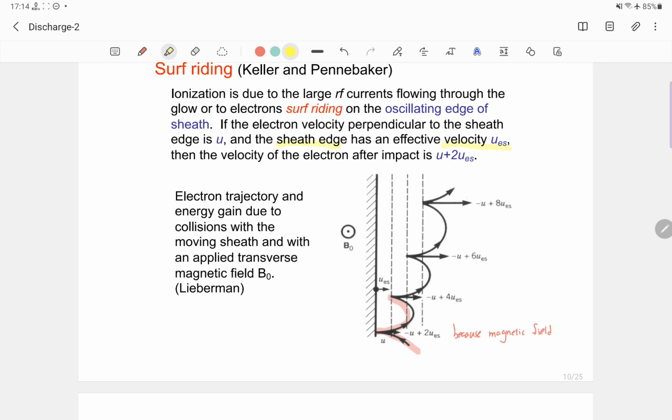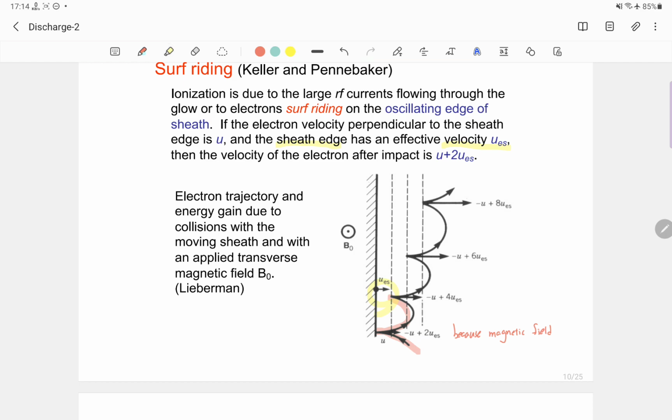But again, the moving charged particle, when it experiences a magnetic field, the path will become circular, so the electron will follow this path. And then at this point, it collides with the moving sheath again. Okay, so the electron will gain energy again.